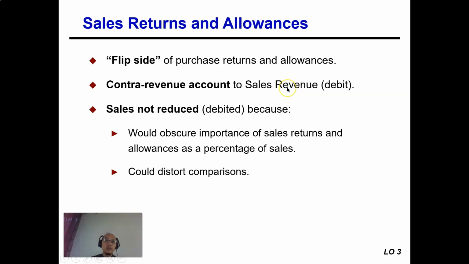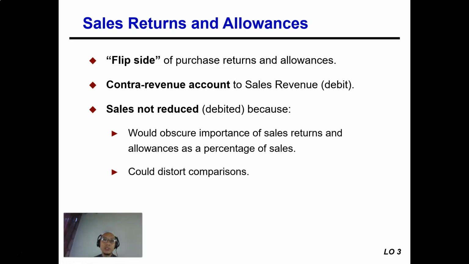Whenever the seller receives some items from the buyer because of a return, we do not reduce it from the sales revenue account, but instead we make a contra account. Why do we not reduce it directly from the sales account? Because there's important information that comes from sales returns.